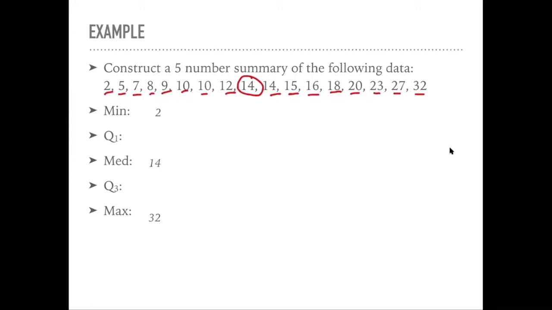Now, we're going to repeat this process looking at only the lower half in order to find the first quartile. So looking at just the values that I have boxed in blue, we're going to find the median again. And this is going to give us our first quartile. So going through it again, we can go through and count and make sure we have an odd or even number.